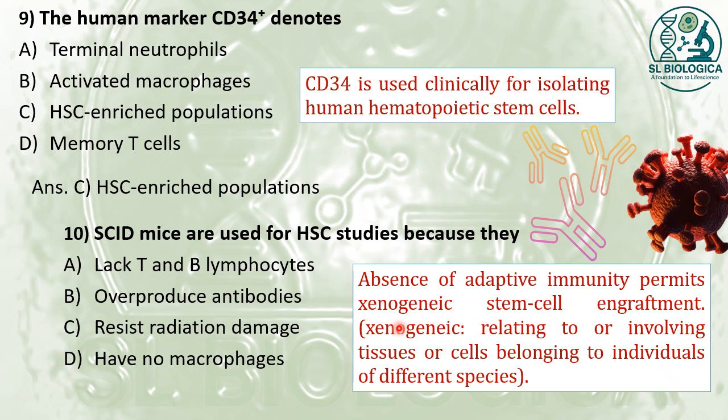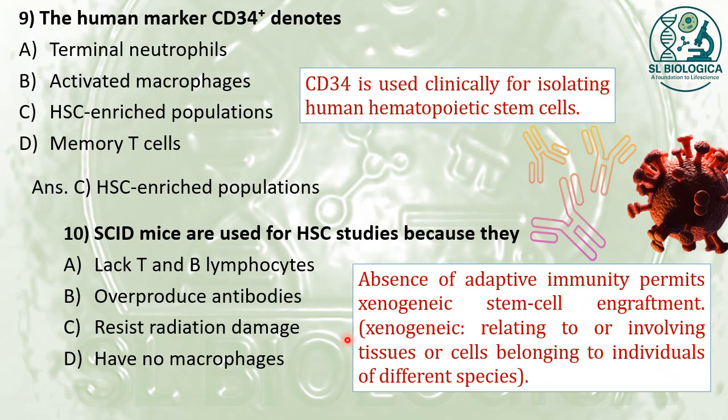So if cells or tissues are transferred or transplanted between individuals of different species, then we use the term xenogenic engraftment or xenogenic transfer. So the skid mice usually lack the adaptive immunity, so it allows the xenogenic stem cell engraftment or transplantation.